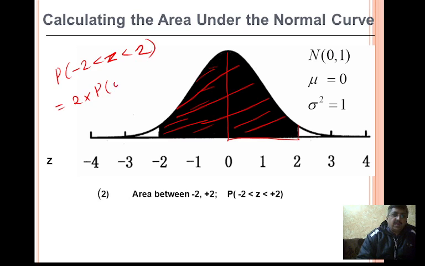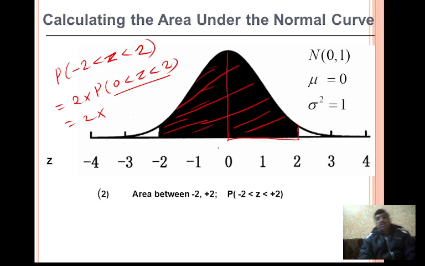So let me take 0 to 2, and it is 2 times the probability of 0 to z to 2. The probability of 0 to z to 2 is available in the table itself.